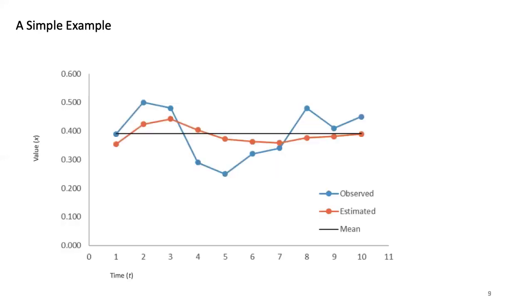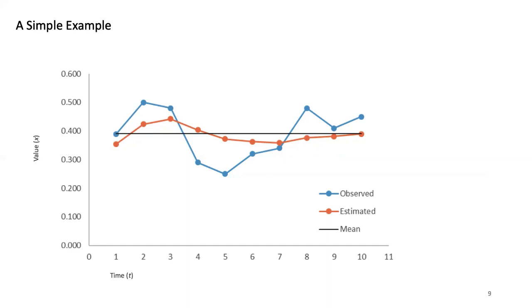And what does this look like? If we just chart it, this is what it looks like. The blue dots are what we actually observed about the system. In this case, the true value is actually 0.4. The observations we have go right around 0.4, indicating it is a stable system.